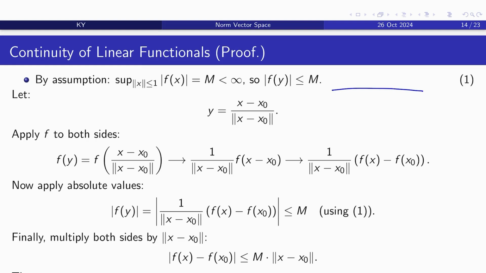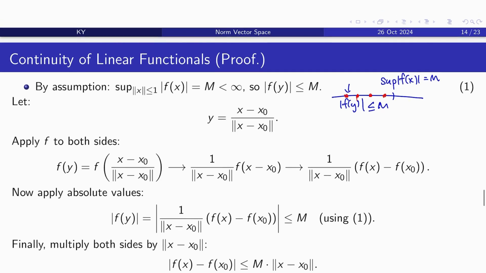So in a picture, the supremum of f of x, like here, is equal to m. So any one of these guys right here, f of y, let's say f of y is here, should be less than or equal to m, right?